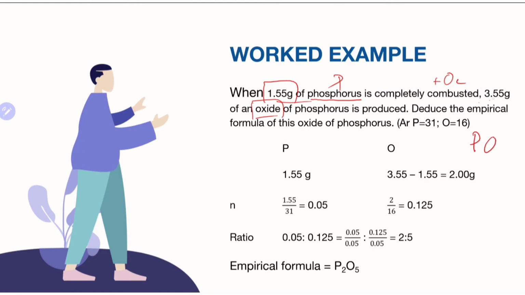The mass is 3.55 grams. Why does it increase? Because now P plus oxygen becomes a compound. So the mass of P is 1.55, the oxide is 3.55, so the rest is oxygen. Oxygen is 2.05.